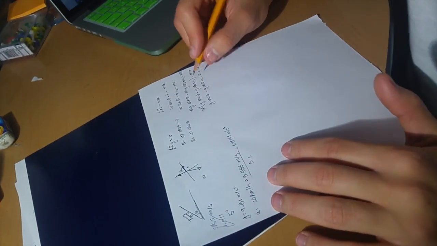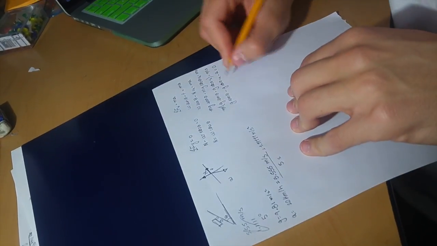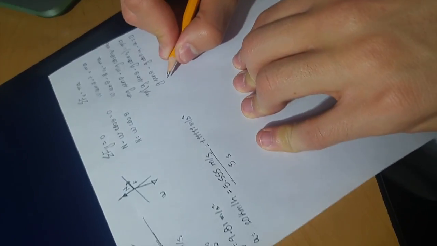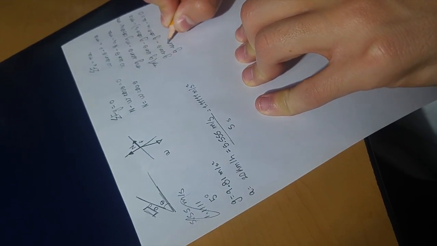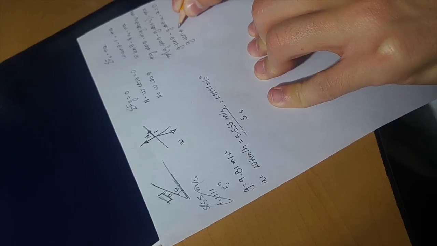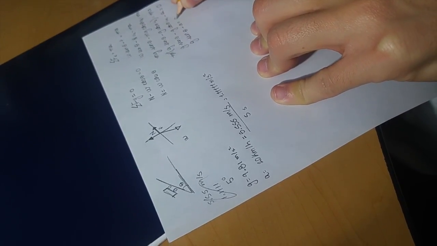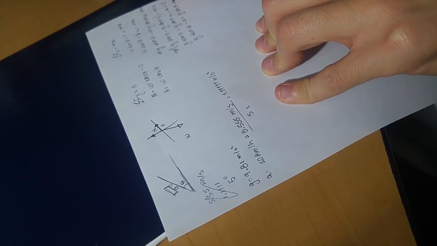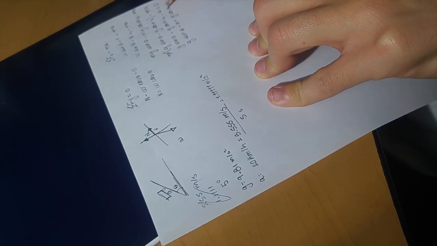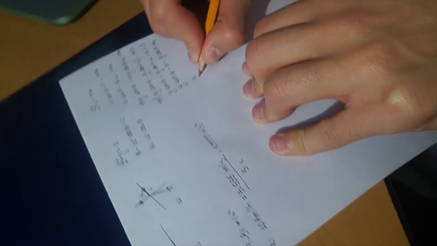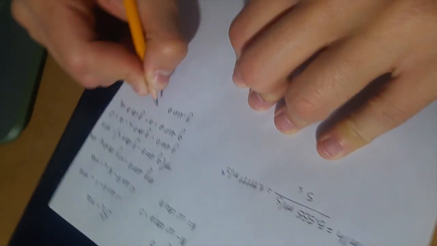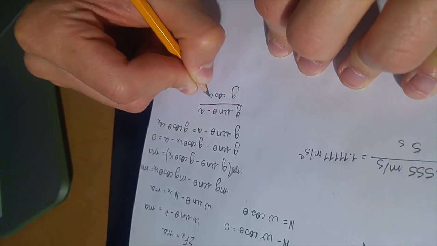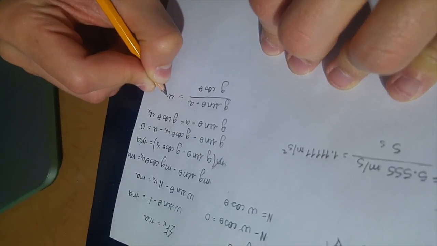Knowing all this, we can further solve this. We just have to take this out, and we'll do it as follows: g sine of the angle minus a is equal to g cosine of the angle times uk. We just have to pass this dividing, and we have the following expression, of which we have all the data.